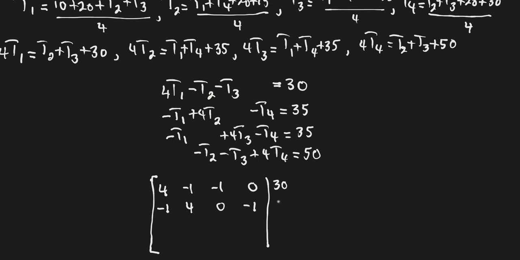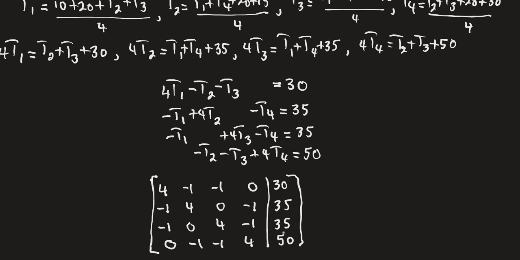And then what do we have there? 35. Yep. And then the third equation is -1. Then we have 0, and then 4, and then -1. And then that's also 35 on the right. And then finally, 0, not -1. That would break our nice pattern, which I'm sure you can see by now. You have 0, -1, -1, 4, and then 50, right?